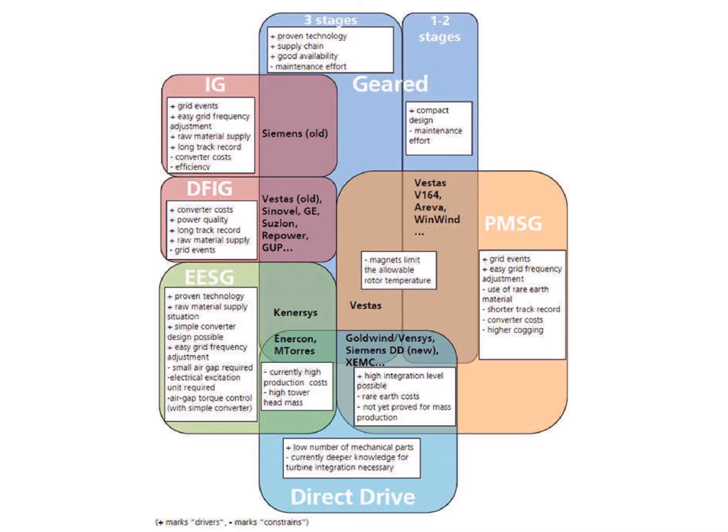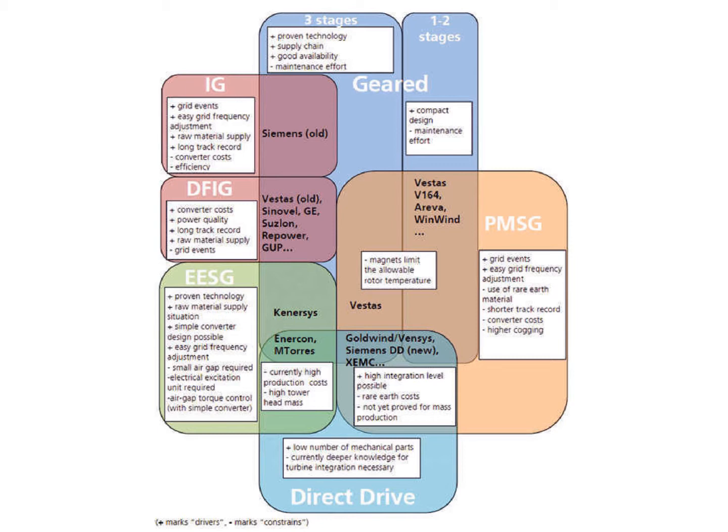So let's take a look at this slide. It looks a bit messy, but I find it extremely helpful in introducing criteria. What we see here are the variants of system designs for wind turbine drivetrains.